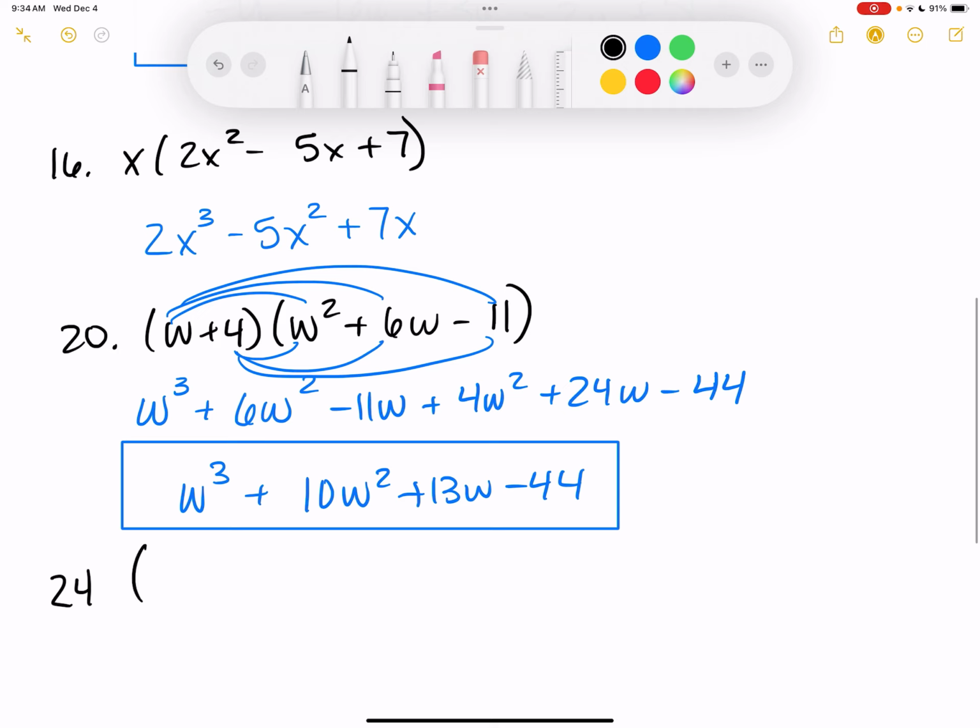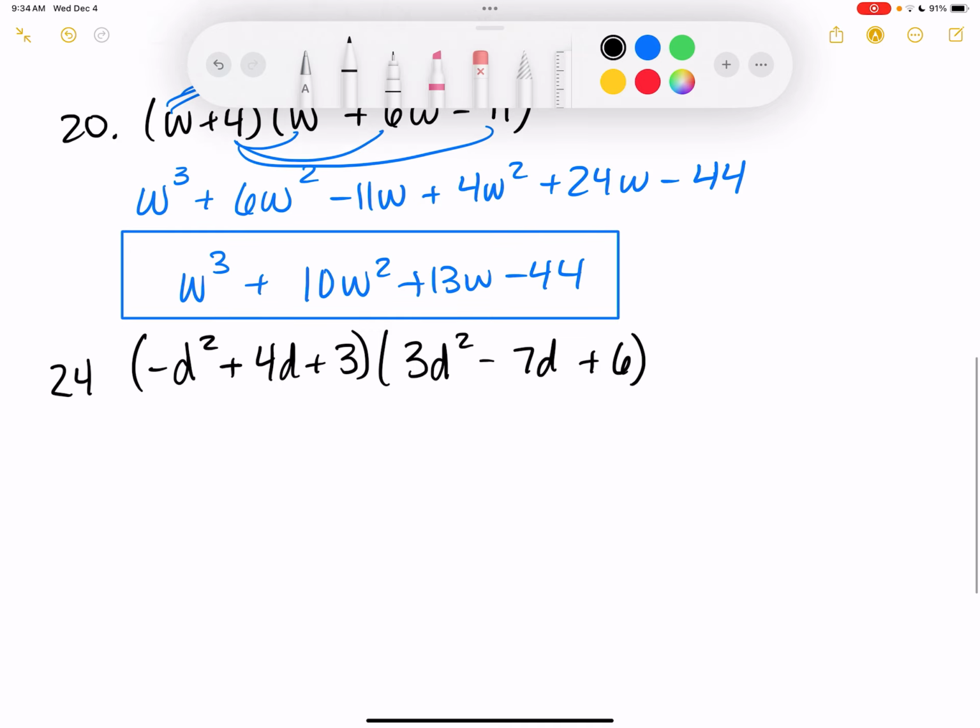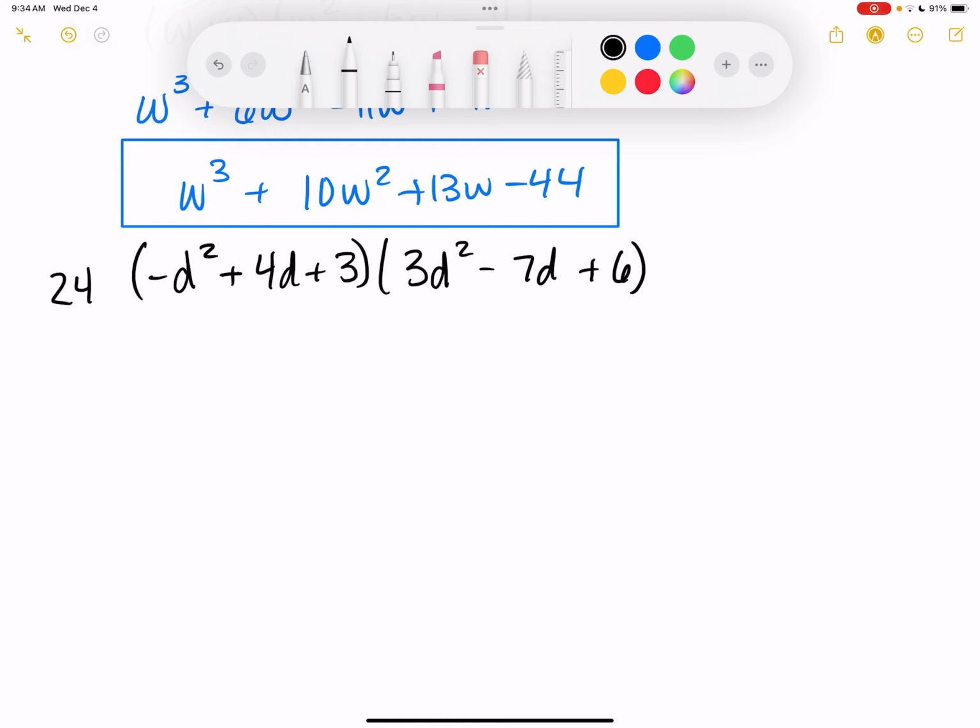Negative d squared plus 4d plus 3 times 3d squared minus 7d plus 6. So with this one, now instead of just 2 things getting multiplied by everything in the second one, there's 3 things. So this is an even bigger superfoil. It's going to be d squared times everything in here. So that's going to give me negative 3d to the fourth plus 7d cubed minus 6d squared.